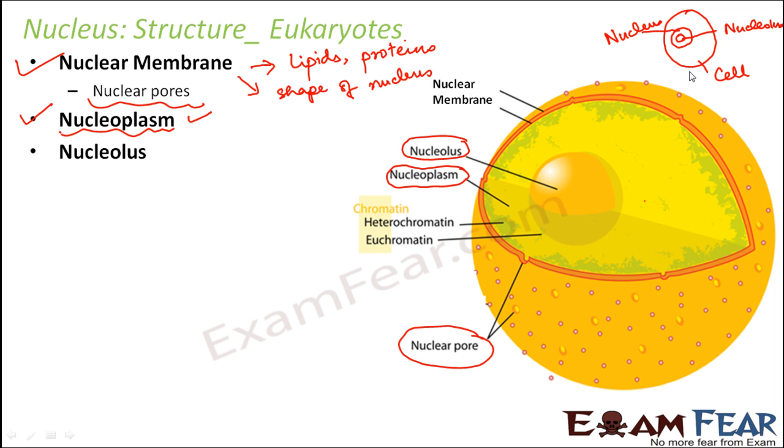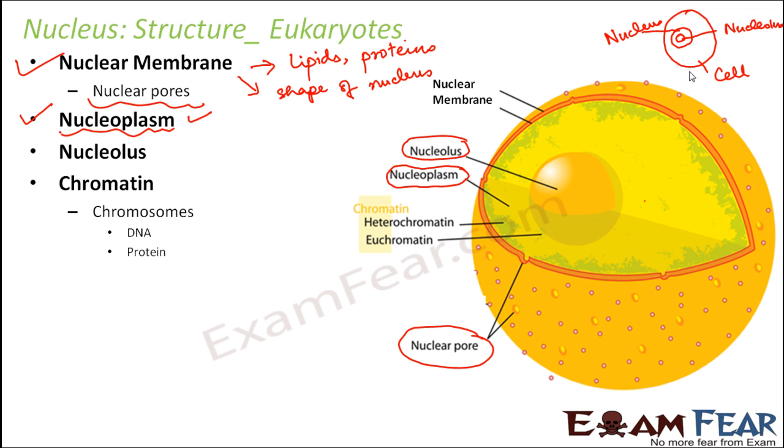So center of the cell is nucleus, and center of the nucleus is the nucleolus. So nucleolus basically is not a cell organelle, like nucleus is a cell organelle or other parts are cell organelles, but this is not a cell organelle. It is just a dense area which is present inside the nucleoplasm. Now this dense area becomes so noticeable that it has been named as nucleolus.